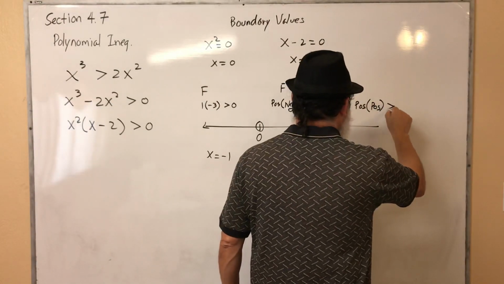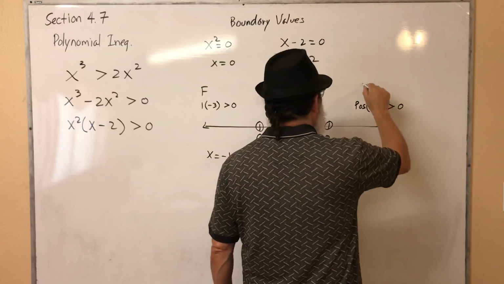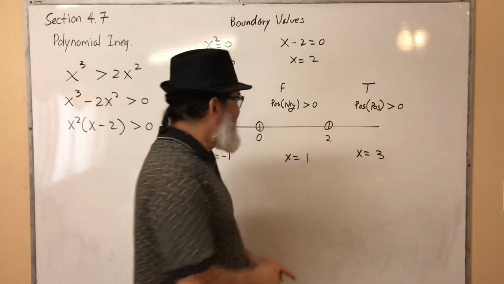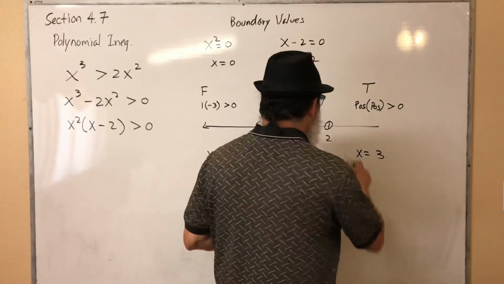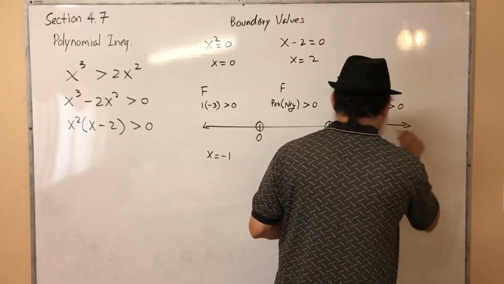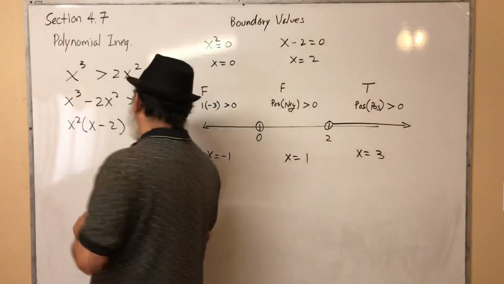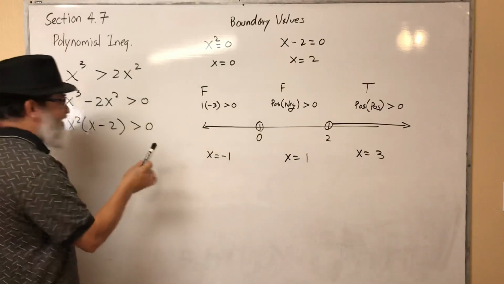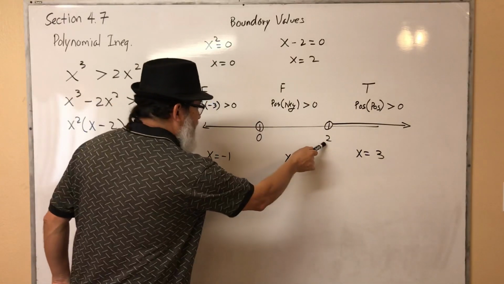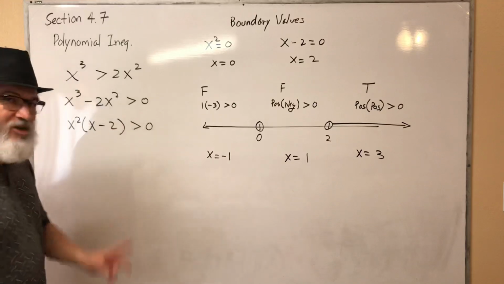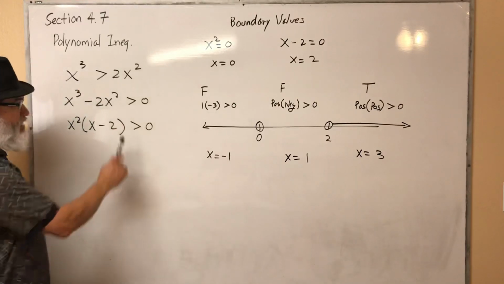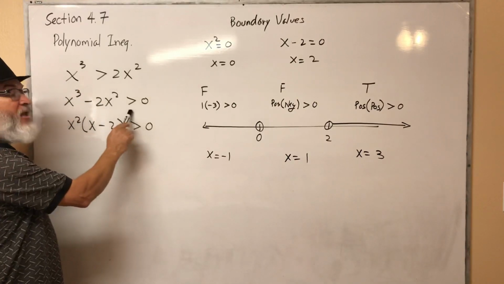Is that greater than 0? True or false? True. So this is shaded. And now, is 2 included? Yes or no? No. Because it does not have an equal sign.